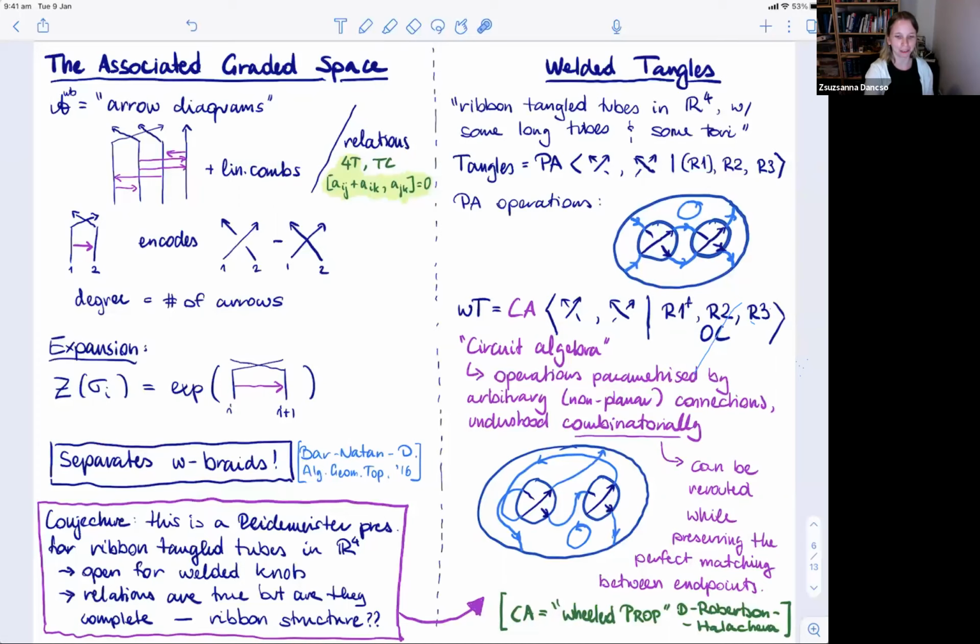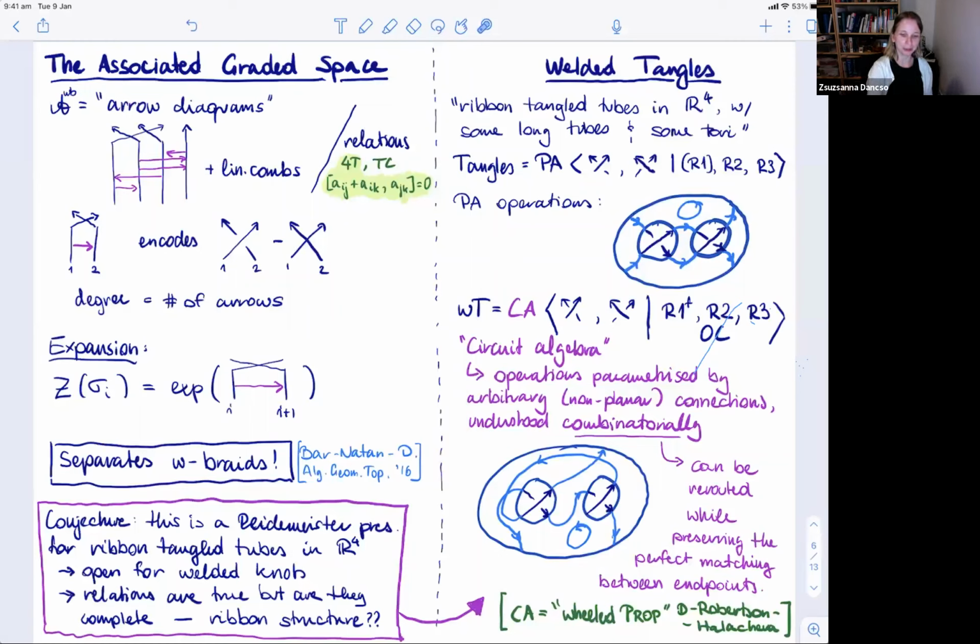So we have oriented chords, which we call arrows, and the elements of the associated graded space look like linear combinations of these arrow diagrams, modulo some relations which look a lot similar to the relations in the classical finite type invariant theory.